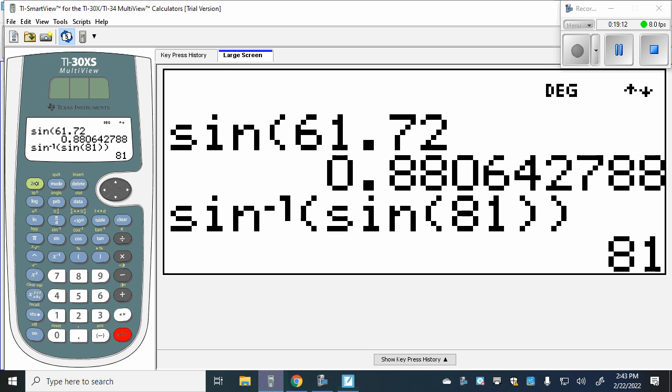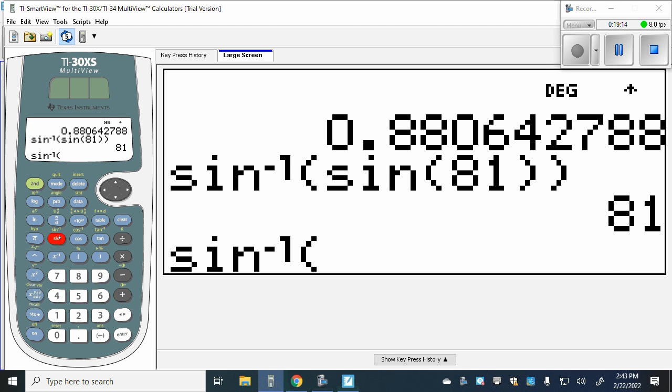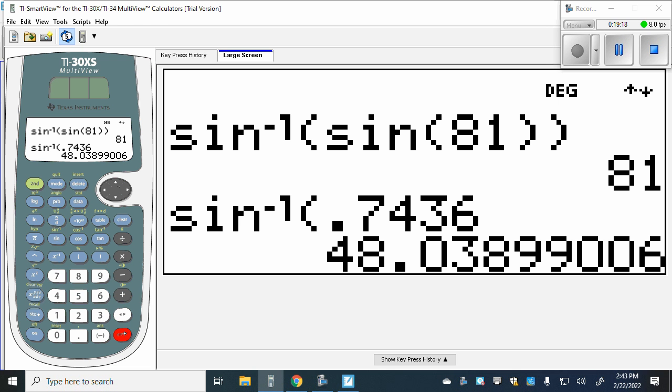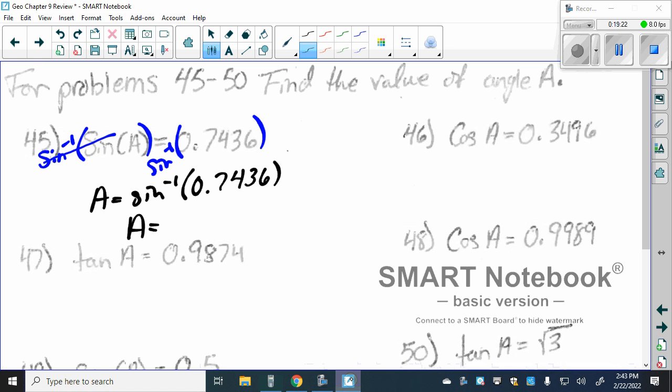So I can grab the calculator and say second sine inverse 0.7436. That's about 48.03 or 48.04. So really we're just taking the inverse of the other side.